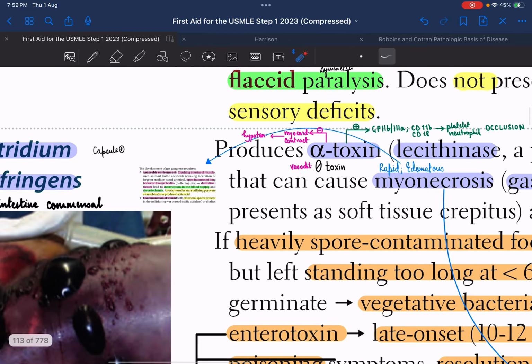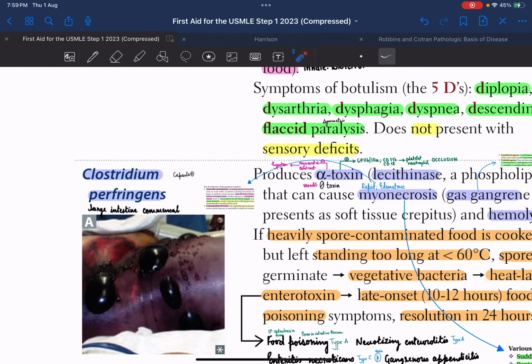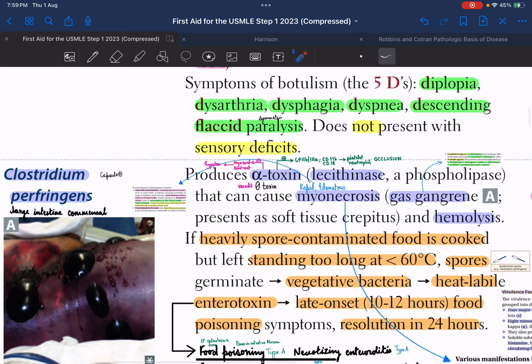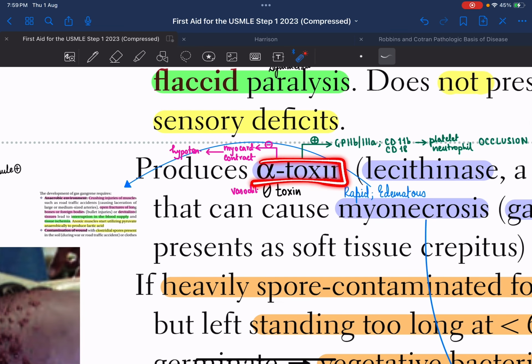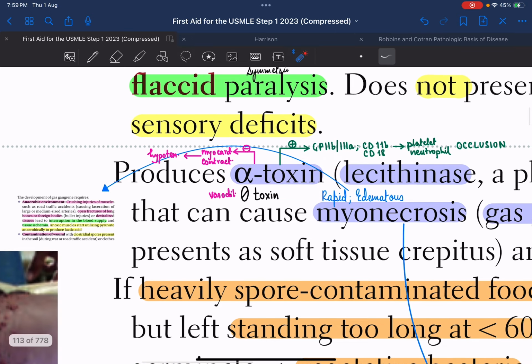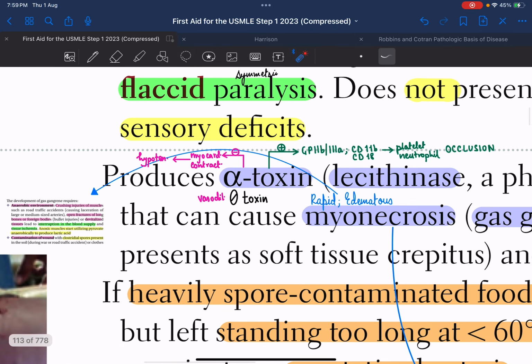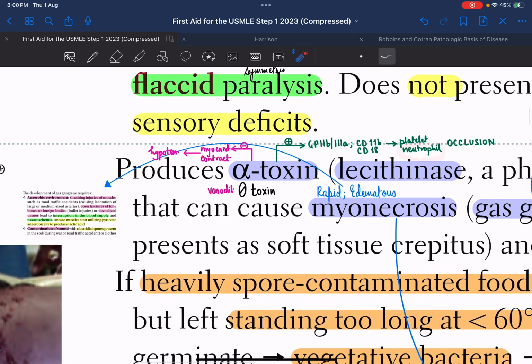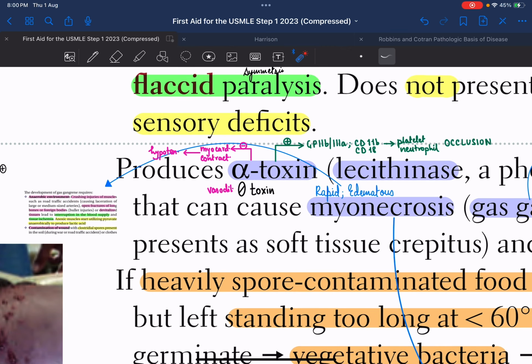Okay, now how does Clostridium basically cause myonecrosis? It causes myonecrosis because of something known as alpha toxin. This alpha toxin activates the GP2B3A receptor present on the platelet, which is responsible for platelet aggregation, as we all know, and CD11B and CD18 on neutrophil, which also causes leukocyte adhesion.